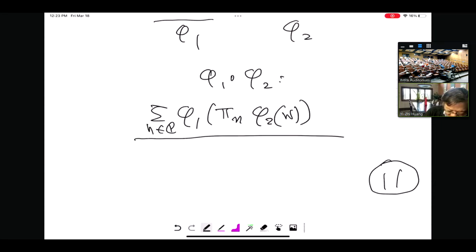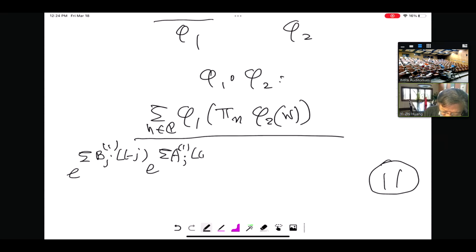So basically, phi1 composed with phi2, you can actually write this as E sigma B1 J1 L minus J, and A1 J L J, A01 L0.